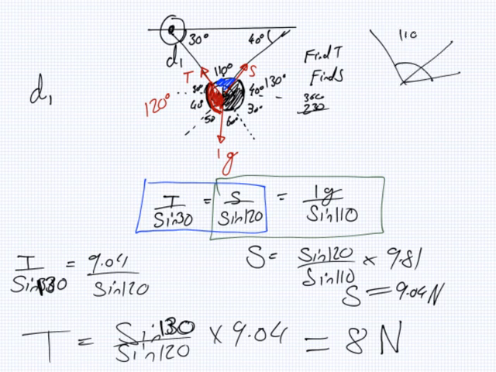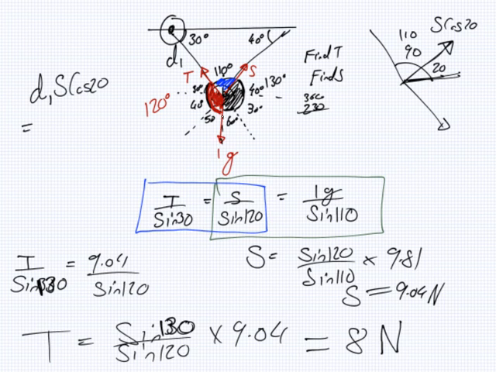It's 110, and you just need this component. It's almost like you have to take that and resolve it. So it's 110, this one here is 90, this one here is 20, so this is S cos 20. So it'd be D1 S cos 20 equals, and then it would be this one.